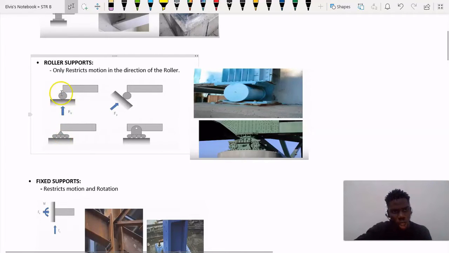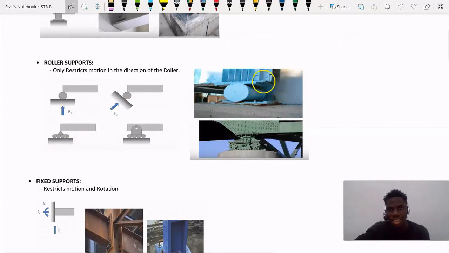This is only going to resist the motion in the y direction. Now guys, we can also have the roller support like this. As you can see, this is inclined to 45 degrees. So if we have a structure like this, the roller support is going to try to restrict the motion in this direction. So these are the symbols for roller support.